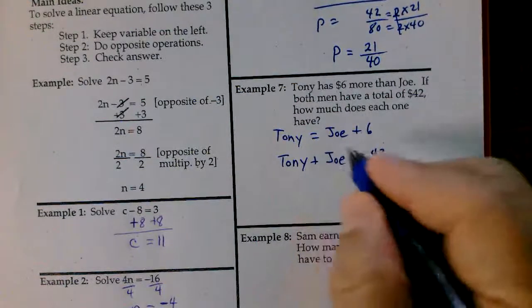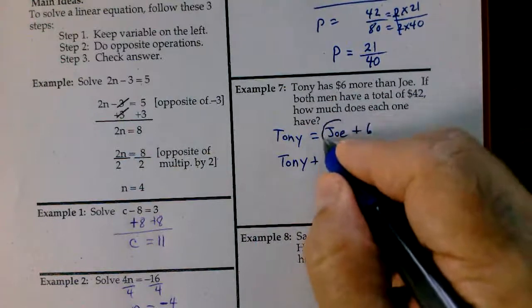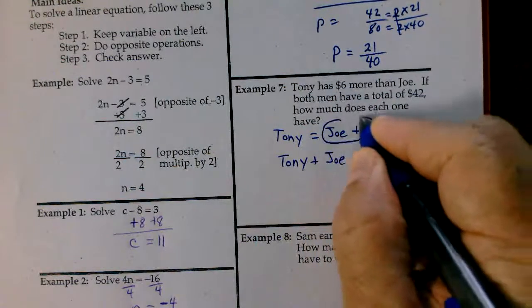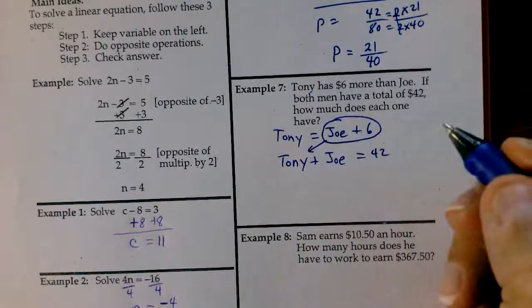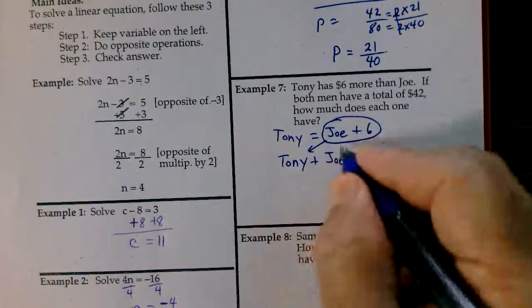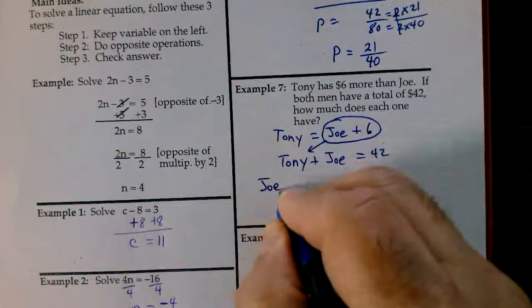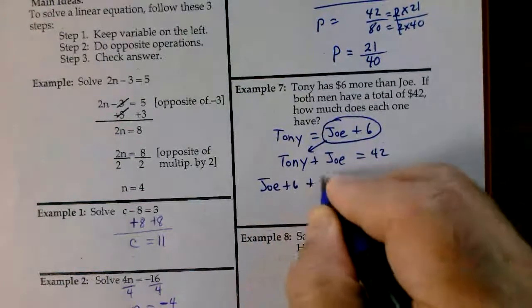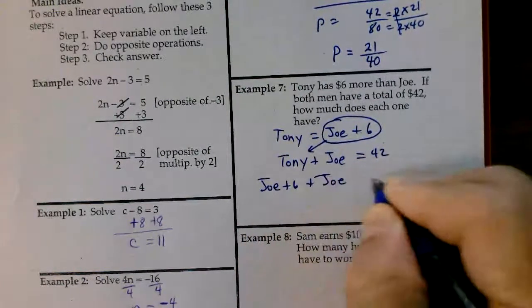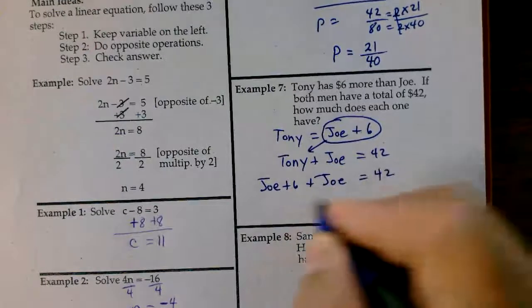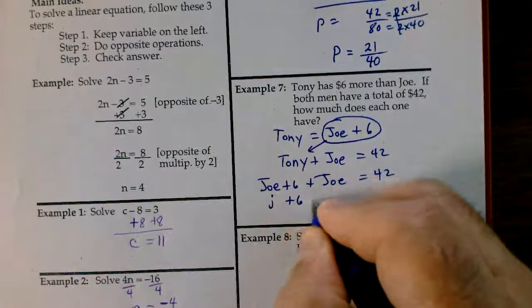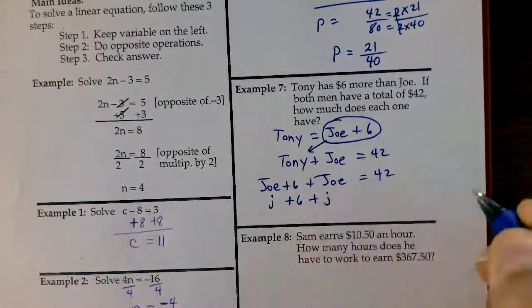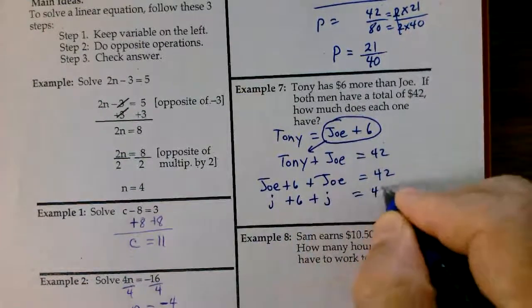Well, I already have Tony here, and I want to take this and replace Tony to get just one variable. And I'm going to get Joe plus 6 over here, and then plus Joe again equals 42. Now I want to call this J for Joe, plus 6 plus J for Joe again equals 42.